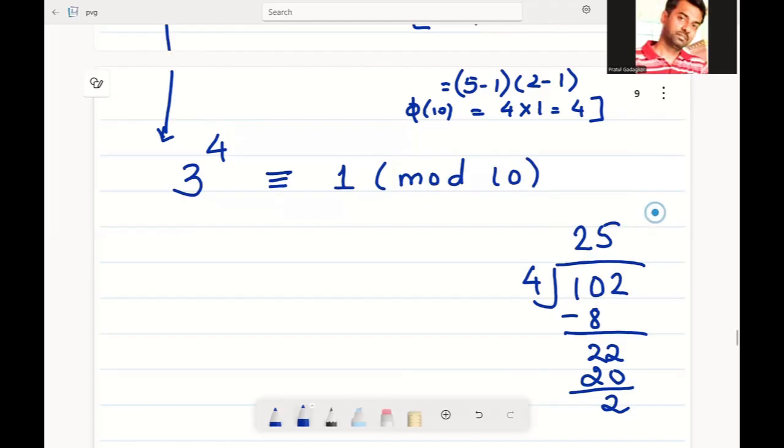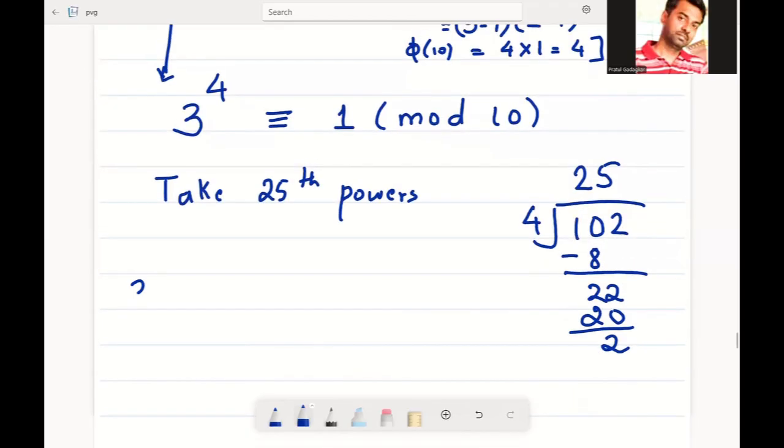I'll take the 25th power of both sides. I hope it is clear why I'm taking the 25th power: I got 25 when I divided 102 by 4.